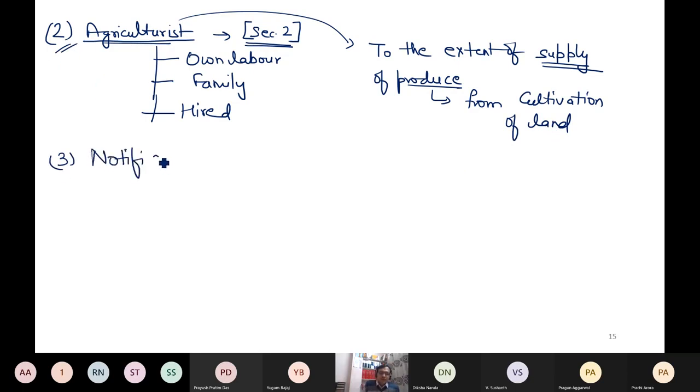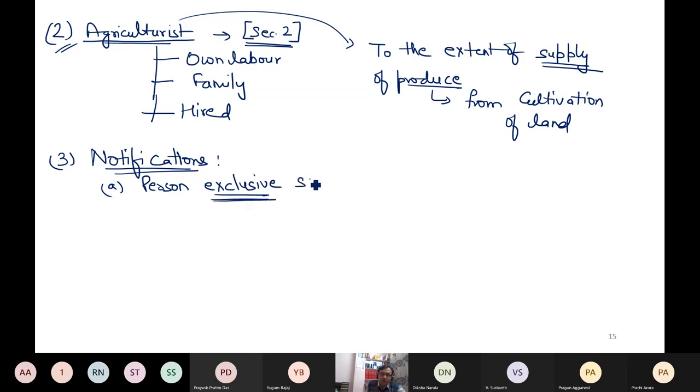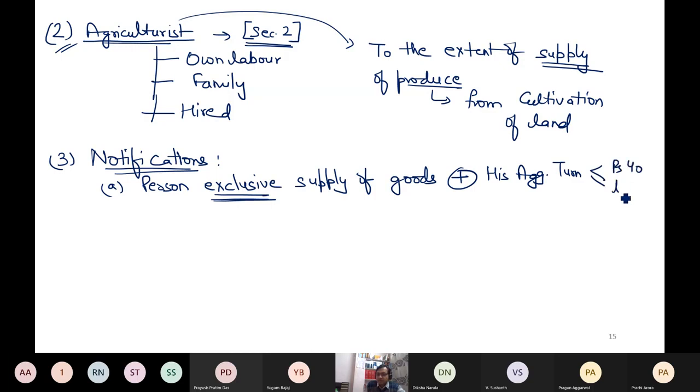And third, notifications. Now I will discuss some notifications where different people are not liable for registration. Let me tell you for the purpose of simplicity. Any person who is engaged in exclusive supply of goods, not services, plus his aggregate turnover does not exceed 40 lakh rupees, then also such people are not liable for registration.